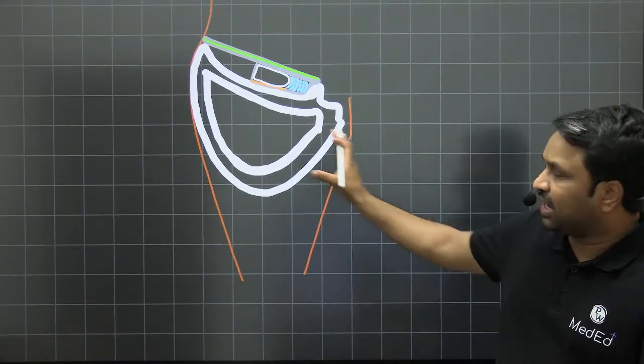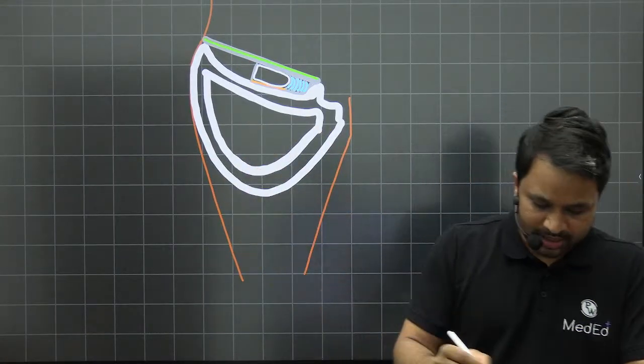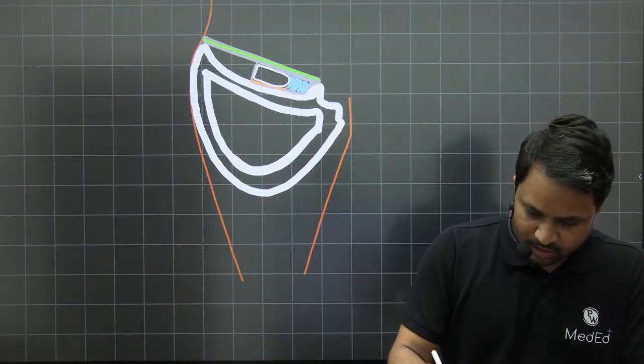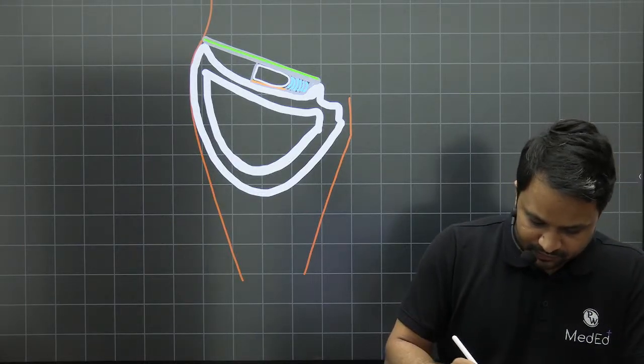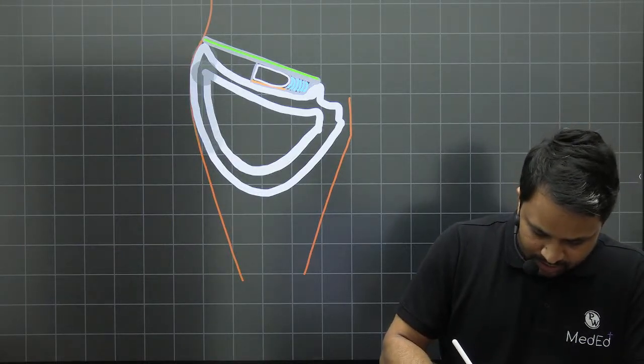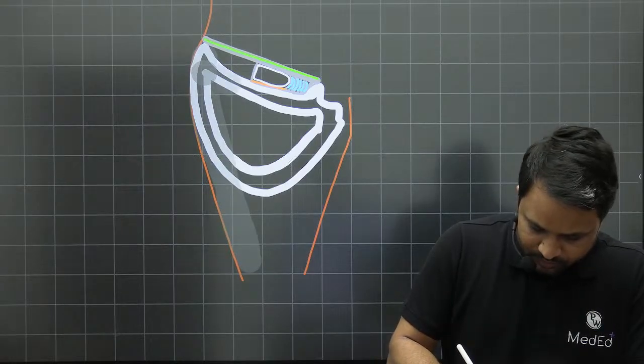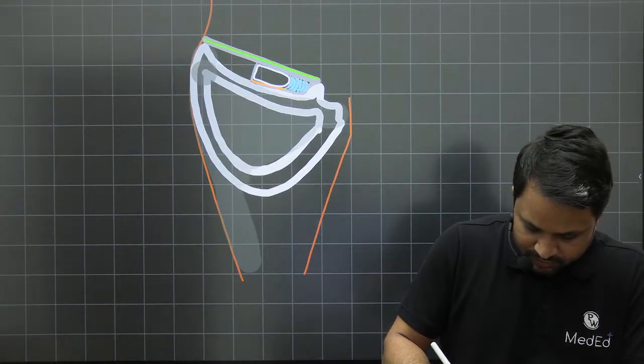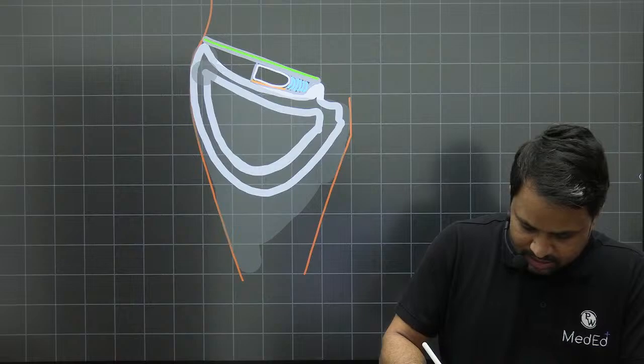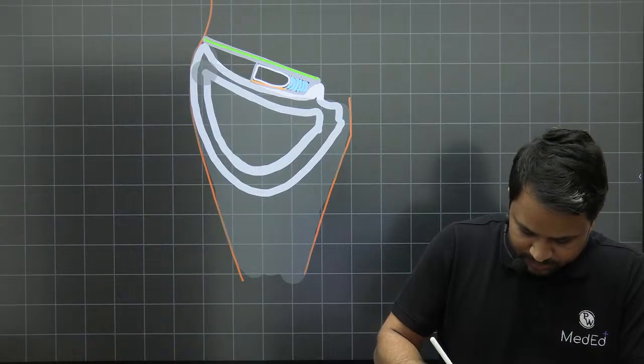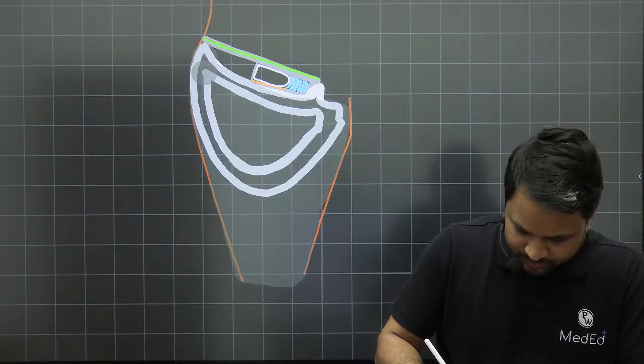Now the thigh is covered by a fascia that is called the fascia lata, right? Now let's say this is the fascia lata that is covering the thigh, and this is the fascia lata which is present here, right? So nothing spectacular about it.